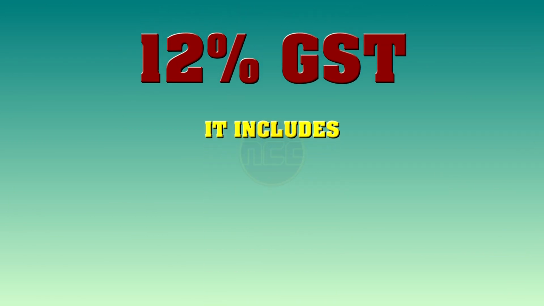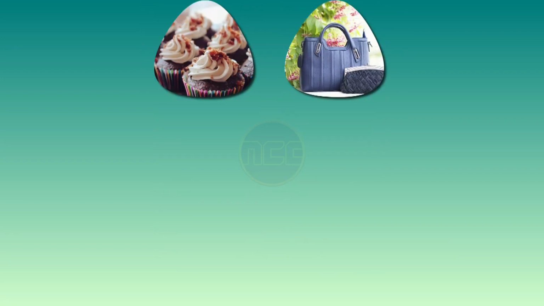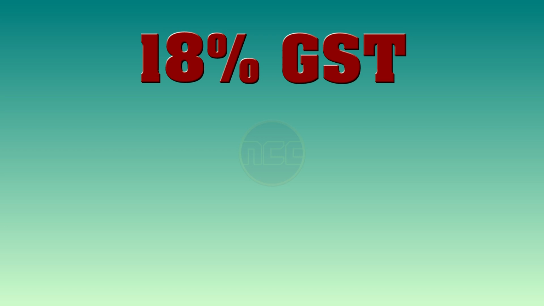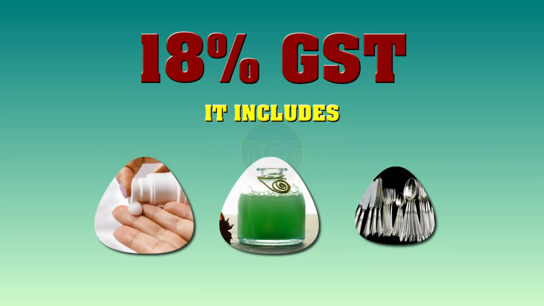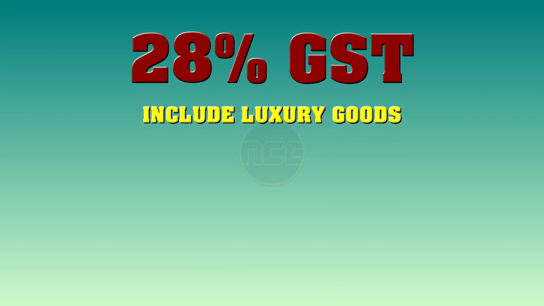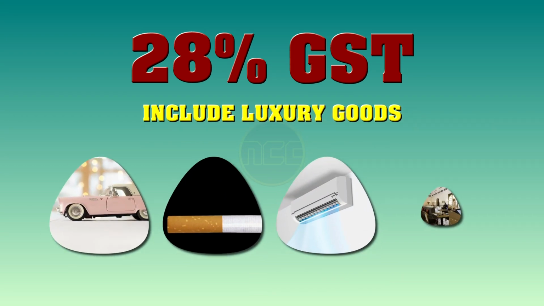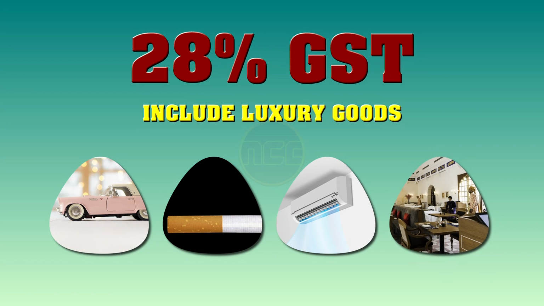It includes processed foods, handbags, etc. 18% GST. It includes shampoo, hair oil, cutlery, etc. 28% GST rate includes luxury goods such as cars, cigarettes, AC, 5-star hotel service, etc. This was the GST rates.